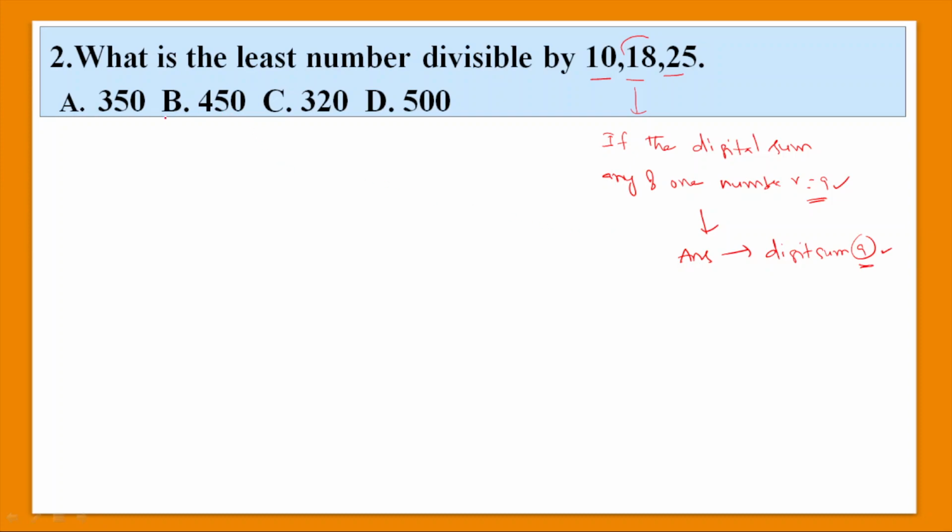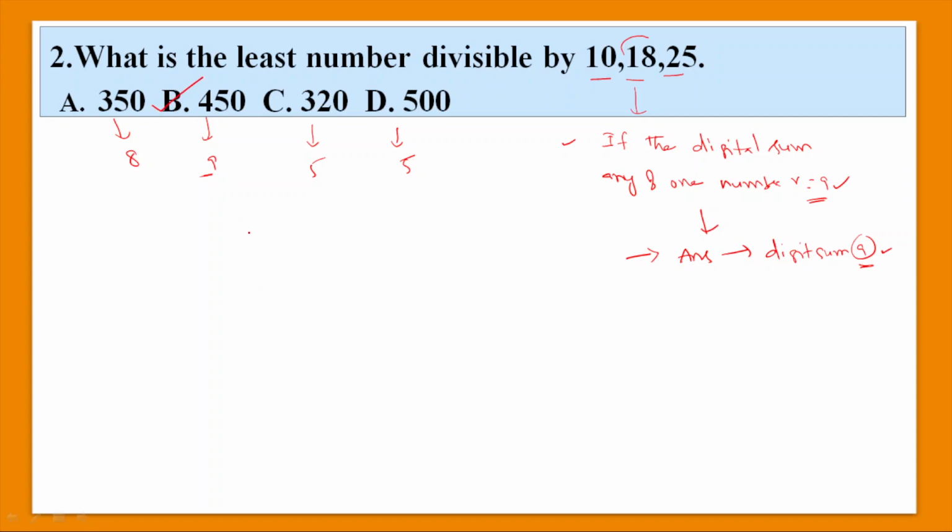Let's check the options: here the digital sum is 8, here it is 9, here it is 5, and here it is 5. So if any number in the question has the digital sum 9, then the answer must also contain the digital sum 9. The only number which contains the digital sum 9 is option B, so directly my answer will be option B.